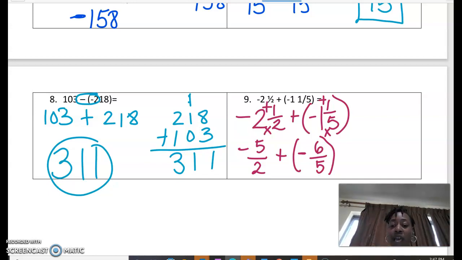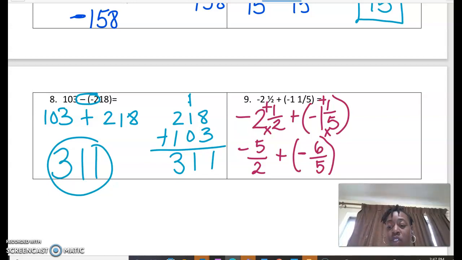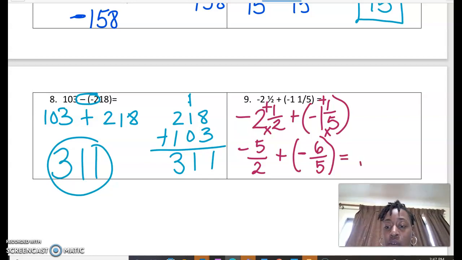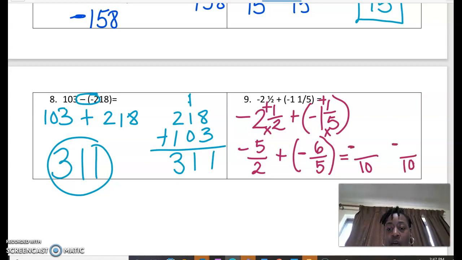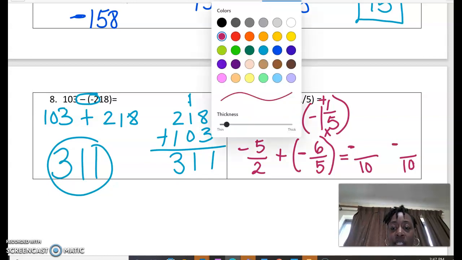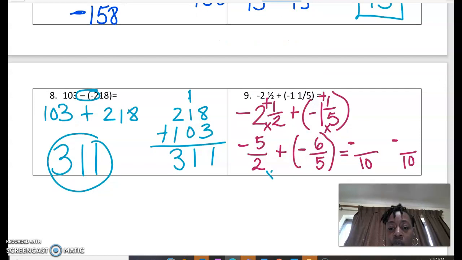Common denominator time. Common denominator looks like it's going to be 10. So I'm just going to go over here. Just make denominators of 10. Keep these negatives right by the numerators. All right. So how many 2's are in 10? 2 times 5 gives me this 10. So I'm going to do 5 times 5.